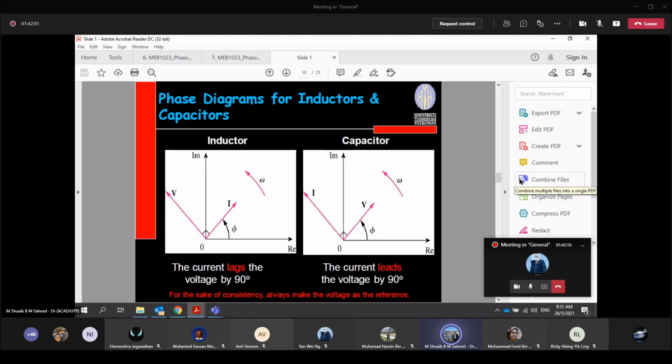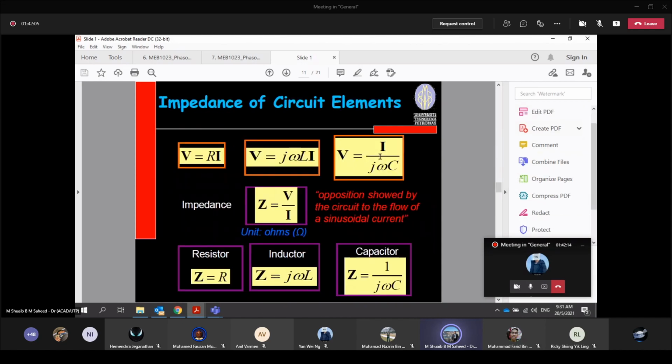So let's keep moving. Okay, impedance. Now we're coming into the impedance. So you have the normal Ohm's law, V equals IR, and it can be expressed in terms of reactance.